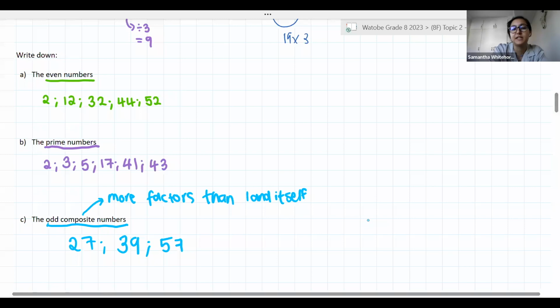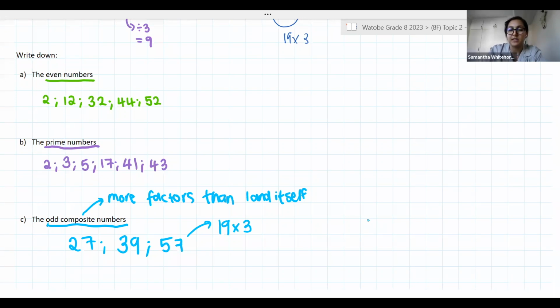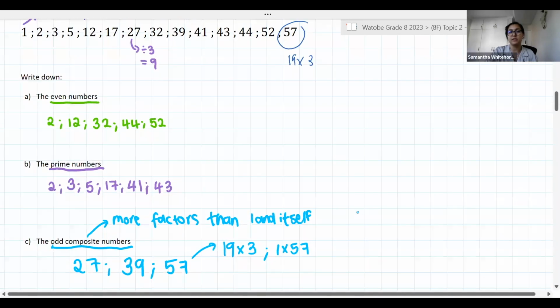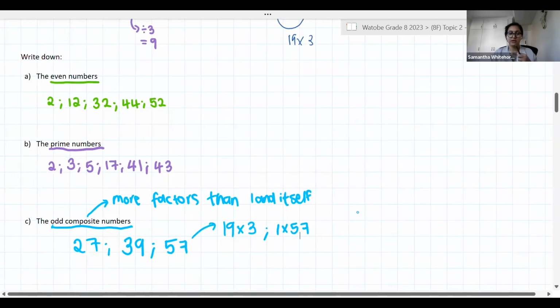So just a reminder, 57 is not a prime number because 19 times 3 gives us 57. And so it's got more factors than just 1 times 57. But again, I'm just going to wait here in case anyone wants to take a screenshot of C.